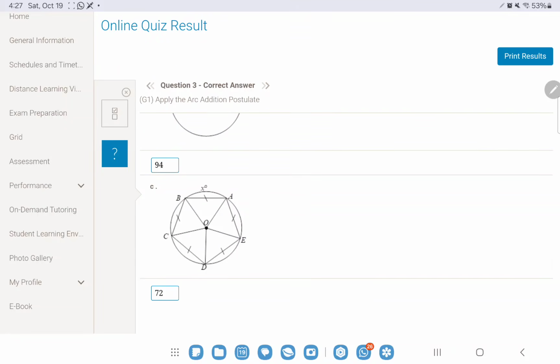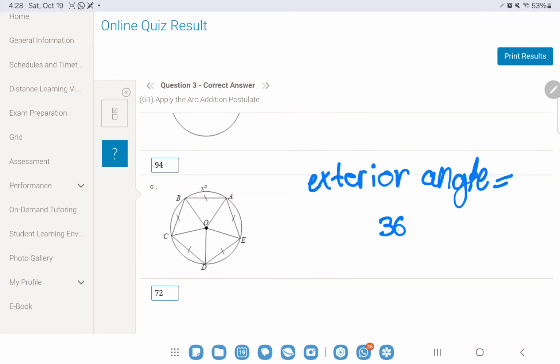This part is pretty easy when you know how to do it. So what I like doing here is finding the exterior angle of these. So first you have to calculate the exterior angle. We know that the exterior angle is equal to 360 divided by the number of sides.